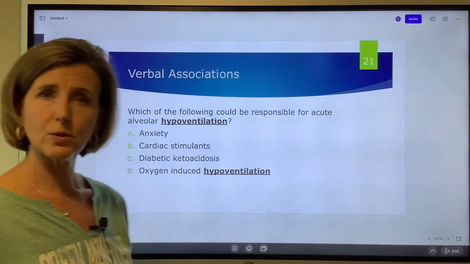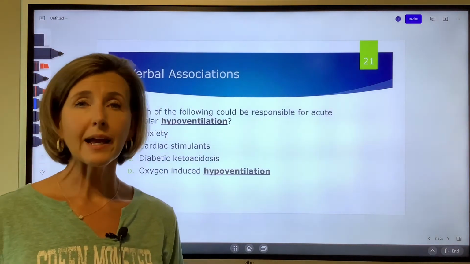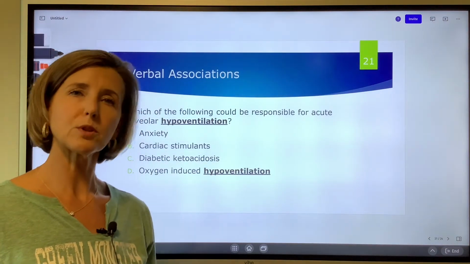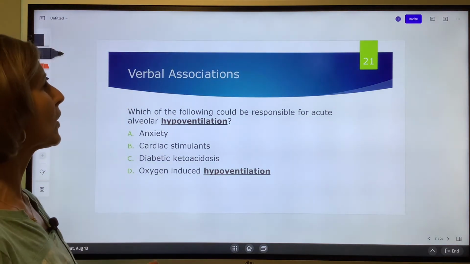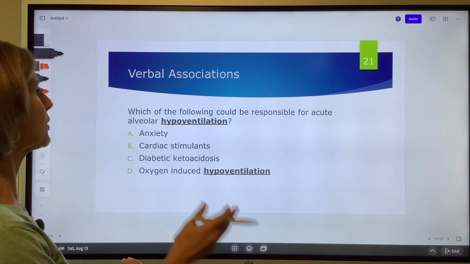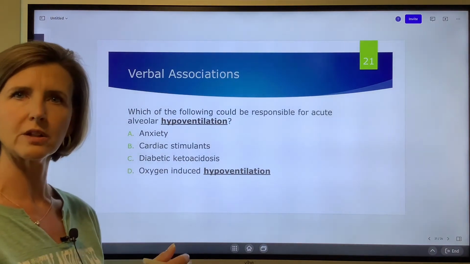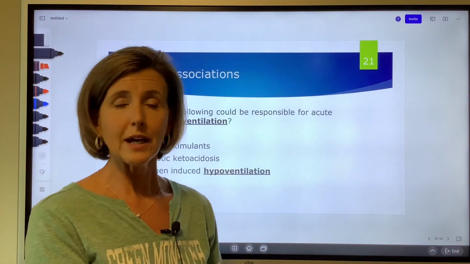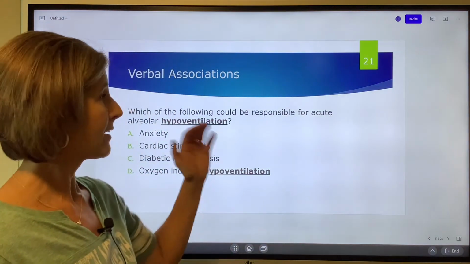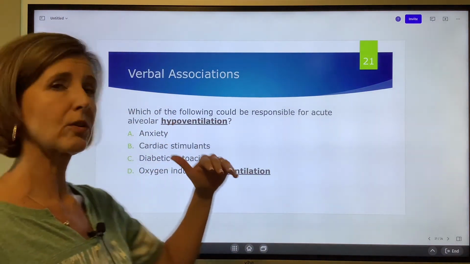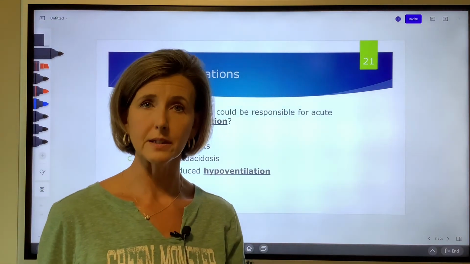And then verbal associations, looking for like or similar words or the same word. All right, so which of the following could be responsible for acute alveolar hypoventilation? And if you're just starting school and you don't know blood gases yet, you may not have a clue what an acute alveolar hypoventilation means.